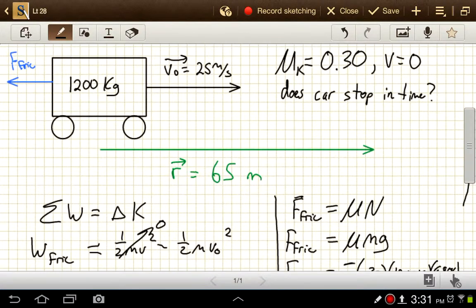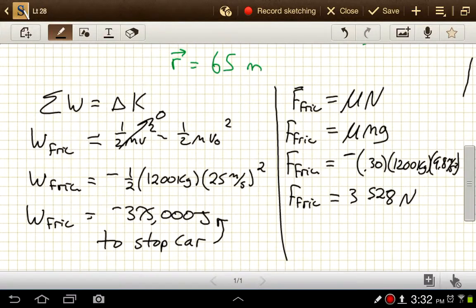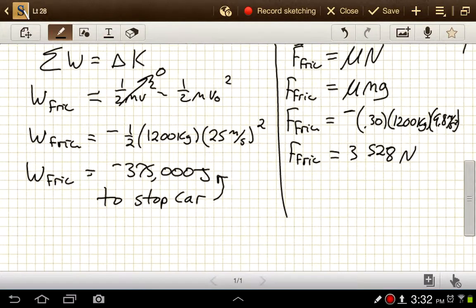So now the work that force would do is going to be equal just to the magnitude of that force times the distance, the r vector, times the cosine of the angle.